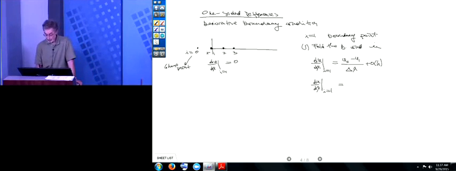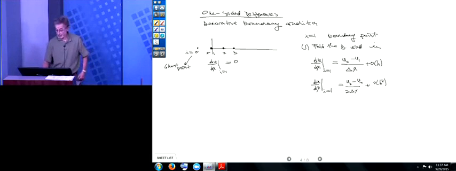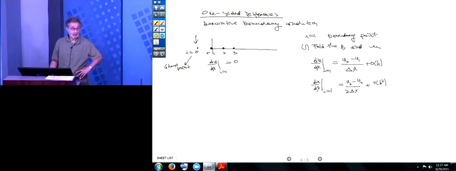So then we have (u2 minus u0) over 2 delta x of order h squared. Now you retain the accuracy of the system, but now you have an additional equation to solve, right? But you do retain accuracy of the system. The problem is you will not always have a good extrapolated value for quantities outside of the domain.